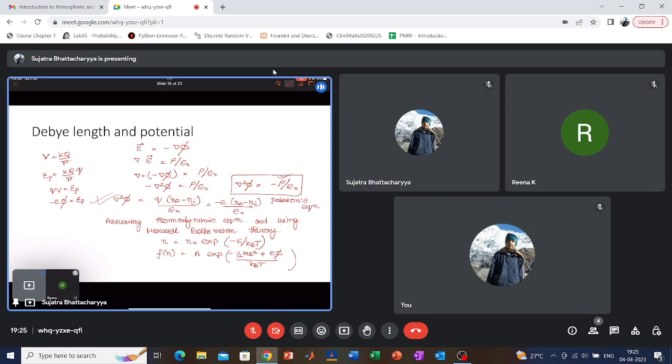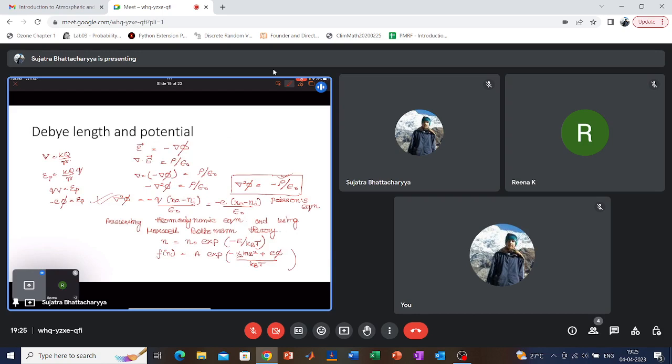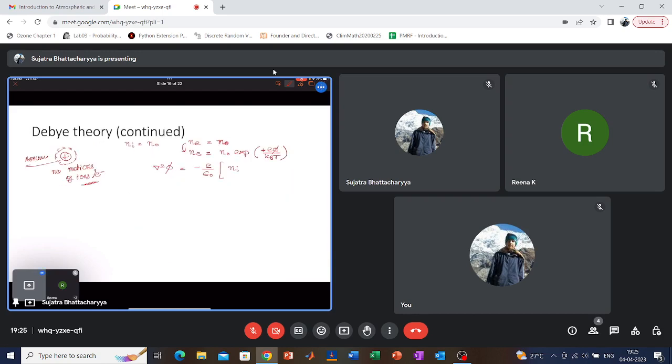So this will be minus q, as per the previous expression. So rho is equal to q times Ne minus Ni. If you just put it here, it will be a minus sign, right? Now if we put q is equal to minus E, this is plus, right? Okay. So now I have taken a minus sign, it was plus, so it will be Ni minus Ne.